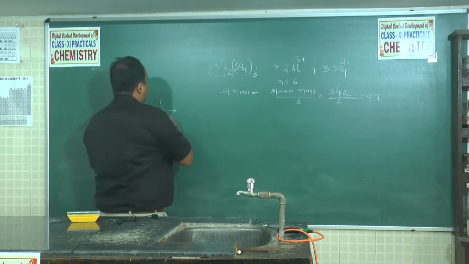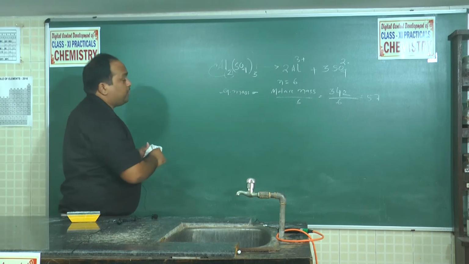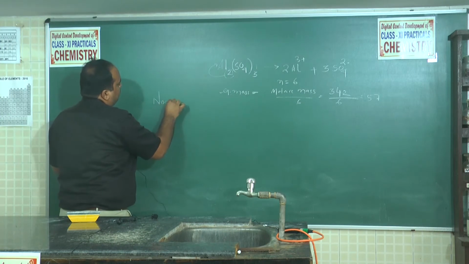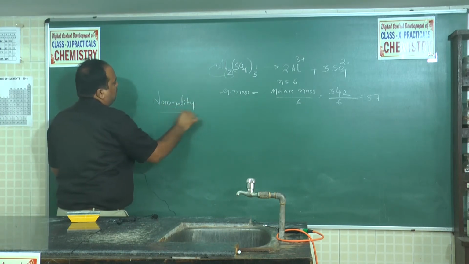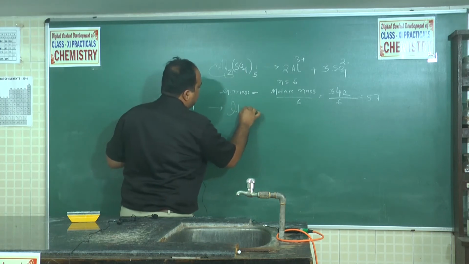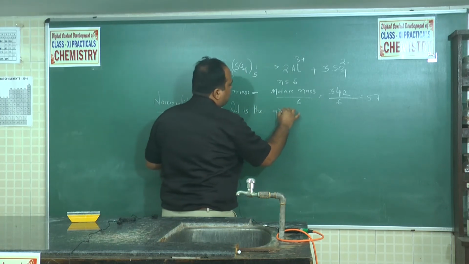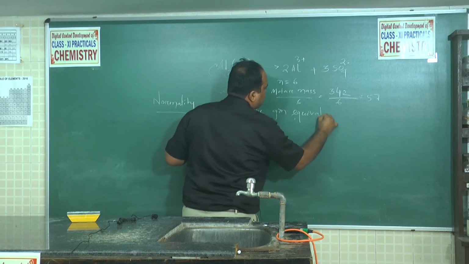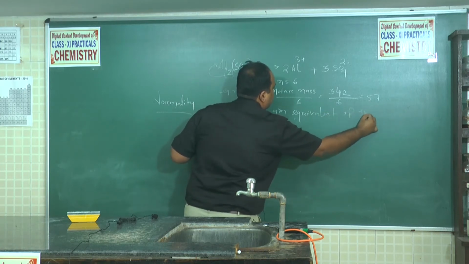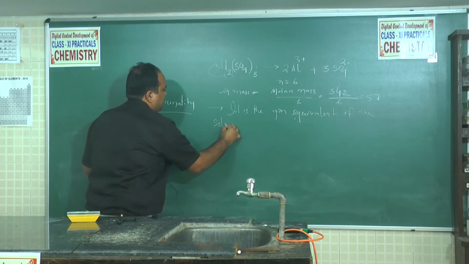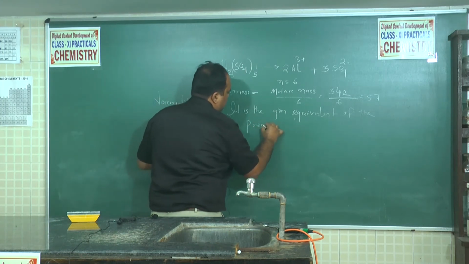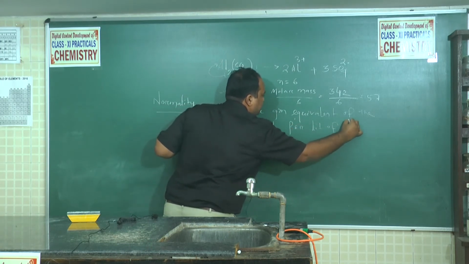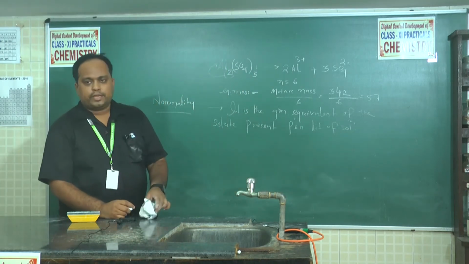Okay, next. Now we will go for the concentration part, normality. What is the normality formula? It is the gram equivalent of the solute present per liter of solution.